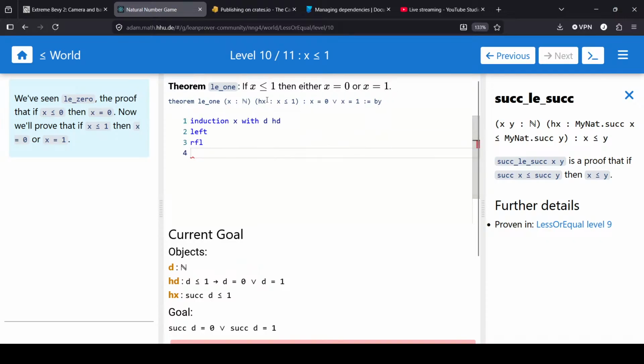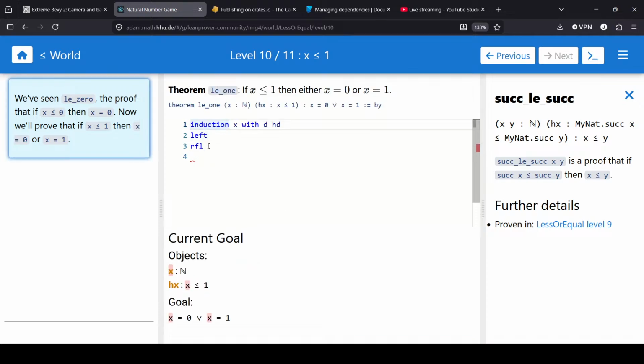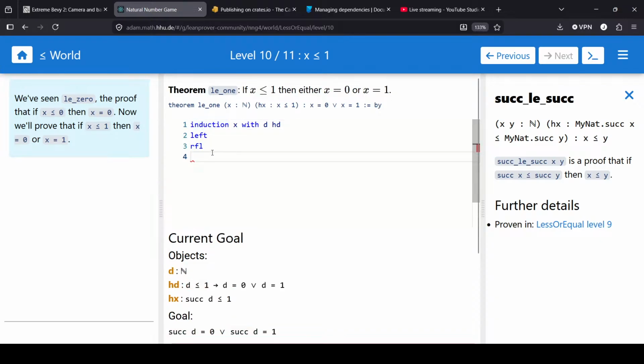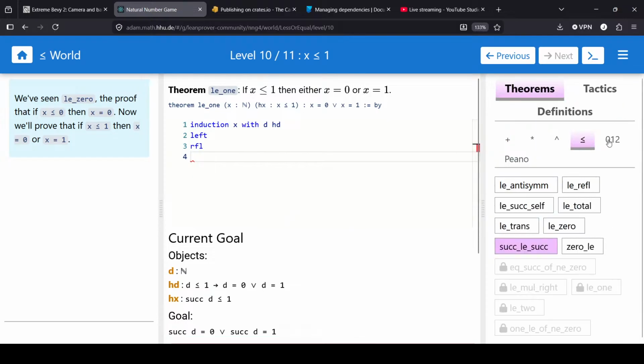I don't know. Wait, no, the HX is here. Oh yeah, no, that's right. Wait, are you telling me I always had that? But it didn't have a successor in front of it before. Oh. Huh. Well, that's interesting.